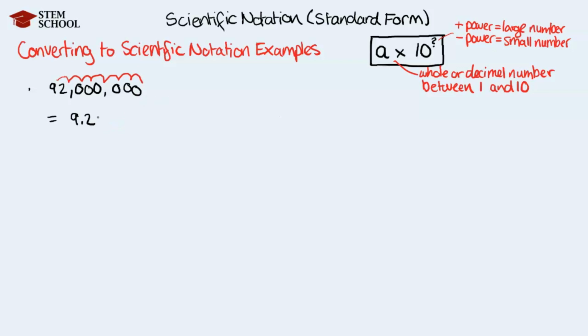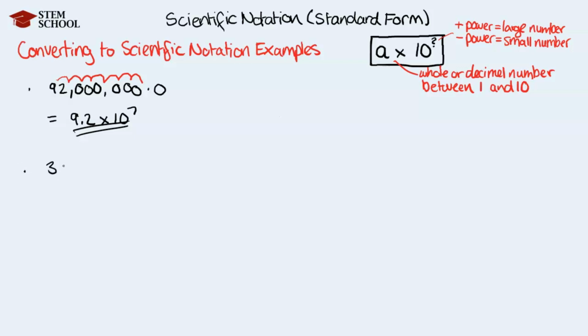So the final answer will be 9.2 times 10 to the power of 7. Positive power as it's a large number, and it takes 7 jumps for the decimal point to move to the end of the number. You have to appreciate that any whole number, 92 million, is written as 0.0 at the end.